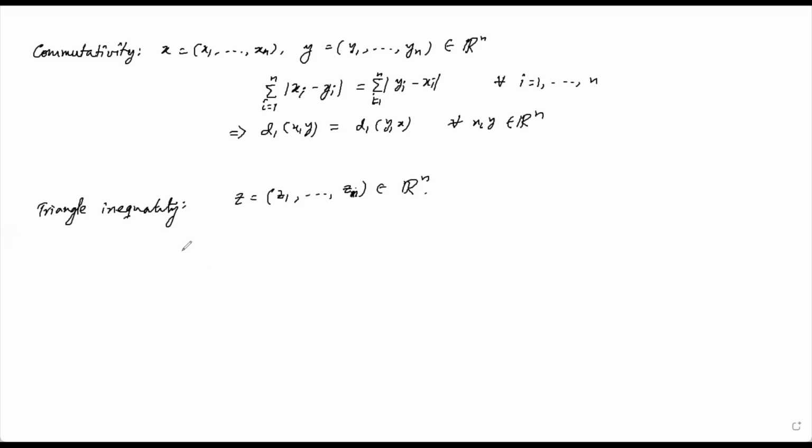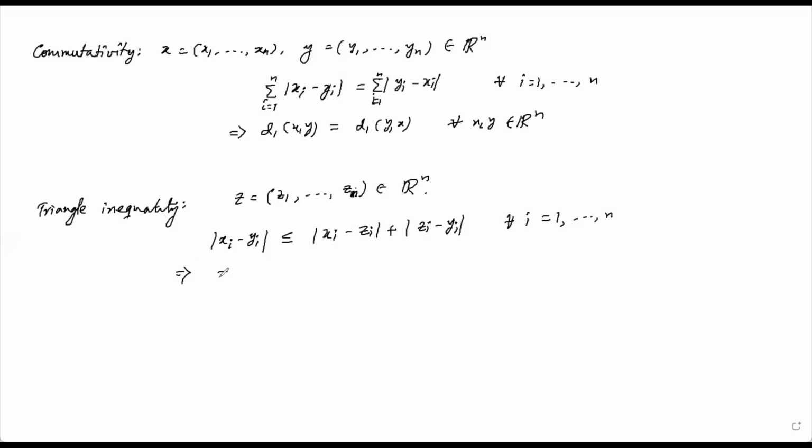Then for now we know that for every real numbers xi, yi, the absolute value of xi minus yi is less or equal to the absolute value of xi minus zi plus the absolute value of zi minus yi, and this is true for all i equal to 1 and so on up to n.